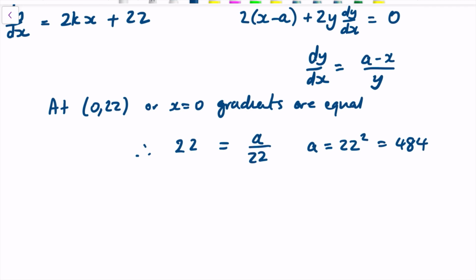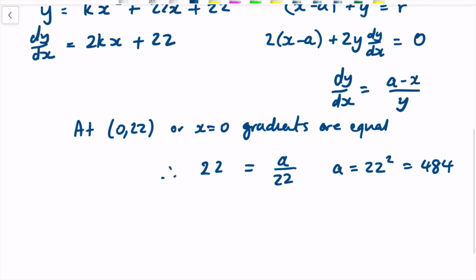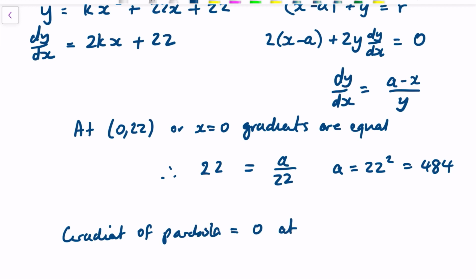So therefore, we can take the gradient function of the parabola and make it equal to 0. Gradient of parabola equals 0 at x equals 484.